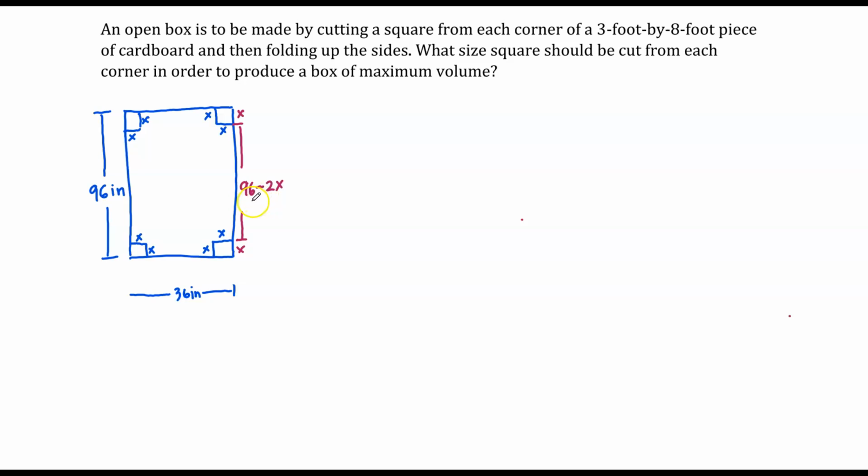So that is equal to 96 minus 2x. And similarly, for the width, if the total width for the cardboard is 36 inches and you want to cut x inches here and also x inches here, the length from here to here is 36 minus 2x.